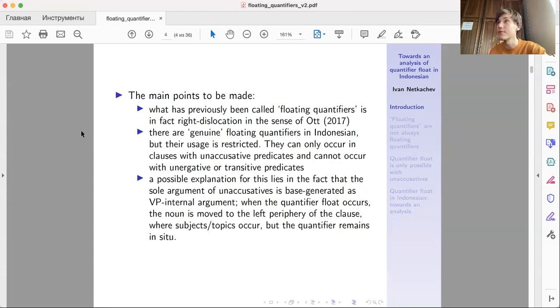When the floating of quantifiers occurs, the noun is moved to the left periphery of the clause, while the quantifier remains in situ, so it gets stranded. That's how the floating quantifier constructions are generated. And this also explains why this is only accessible with unaccusative predicates, but we'll discuss it soon.